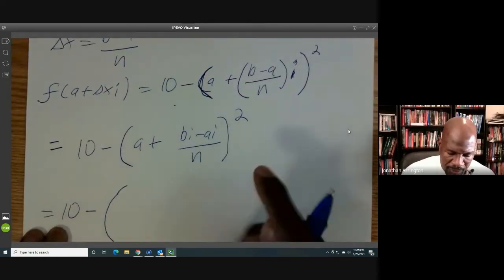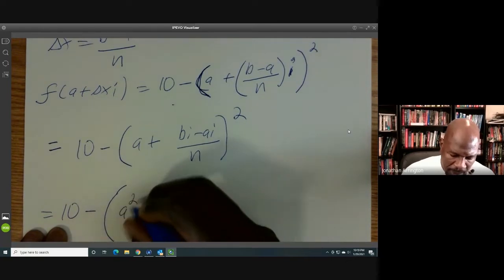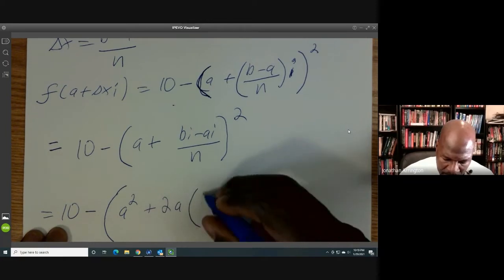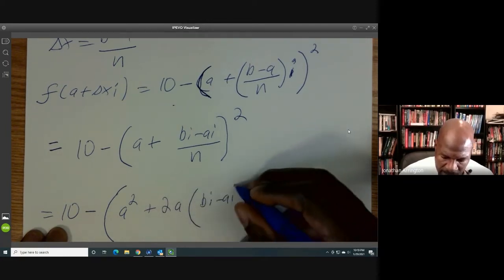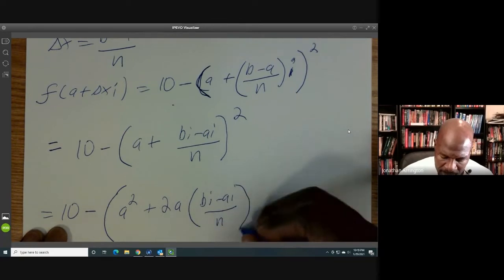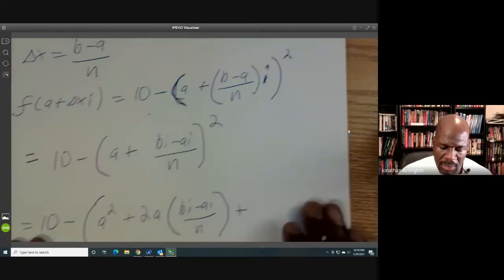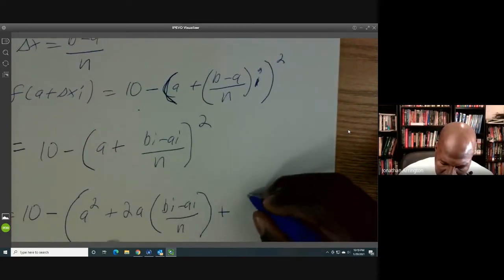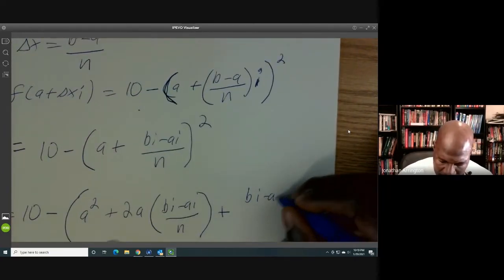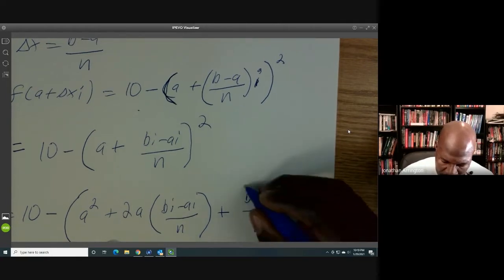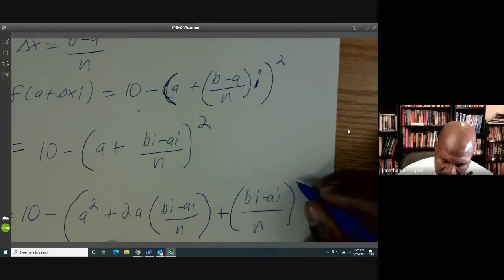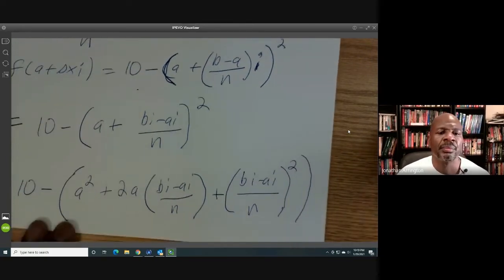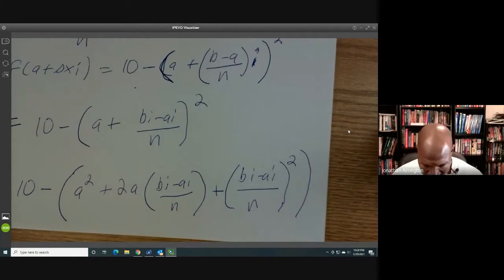All right, so if I square this guy, I'll get a squared plus 2a times bi minus ai over n plus, and for right now, I'll just leave this as being squared. So plus bi minus ai over n squared. All right, so far so good.